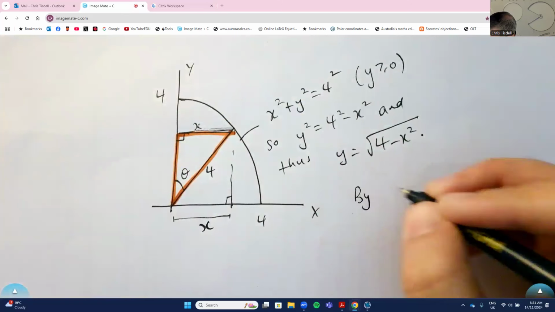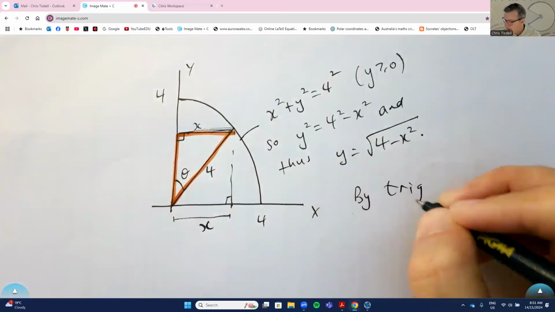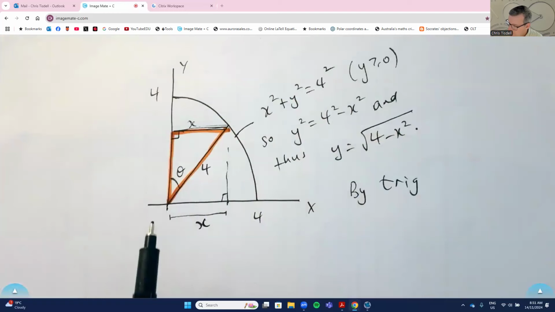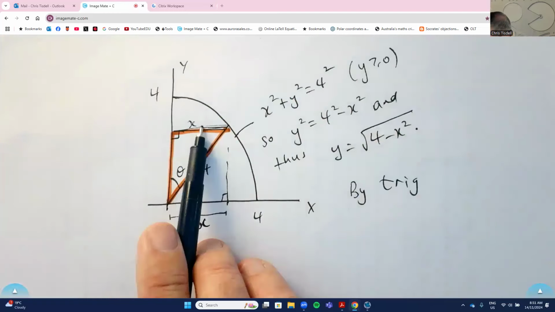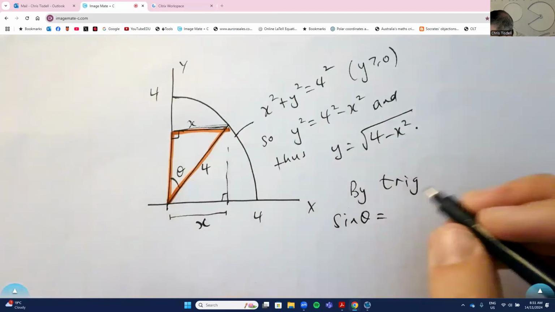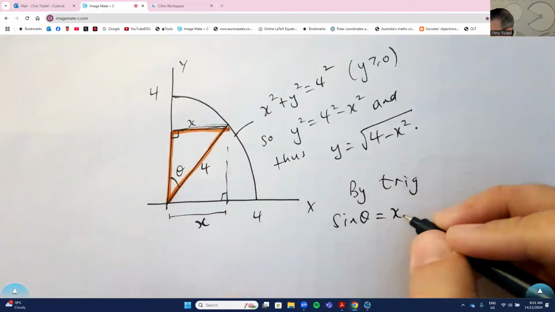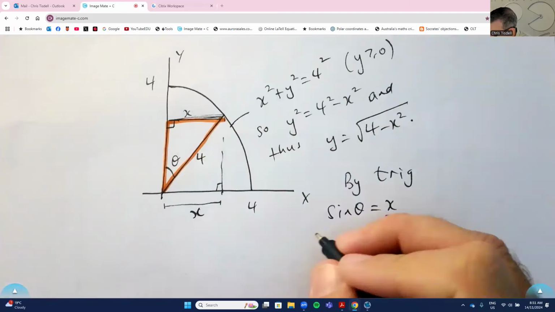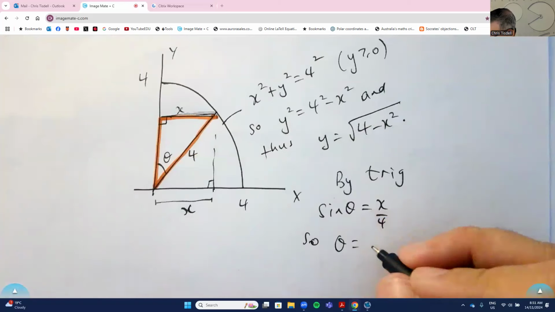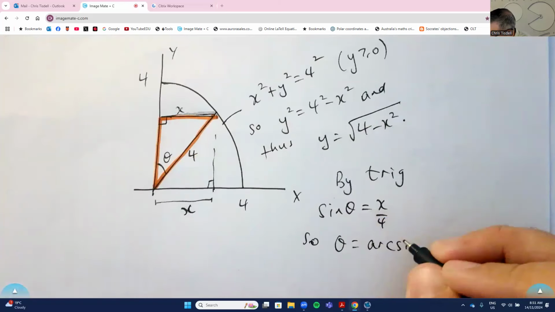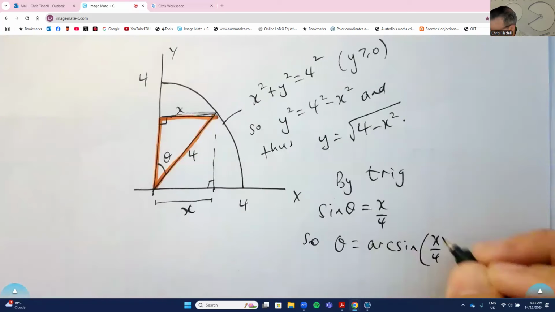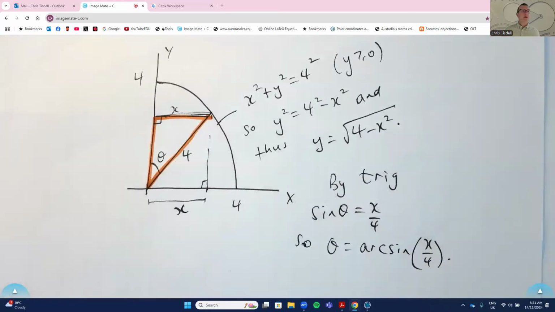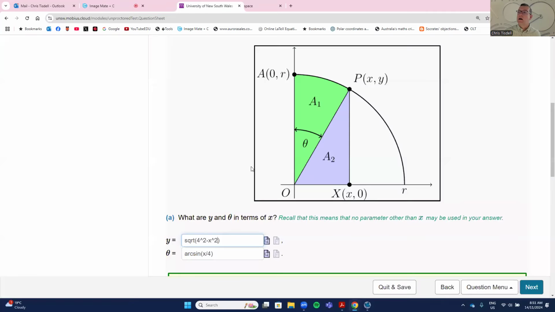By trigonometry, sine equals opposite over hypotenuse. So theta equals arc sine, or sine inverse, of x on 4. This is where our two answers come from, and that's one way of justifying it.